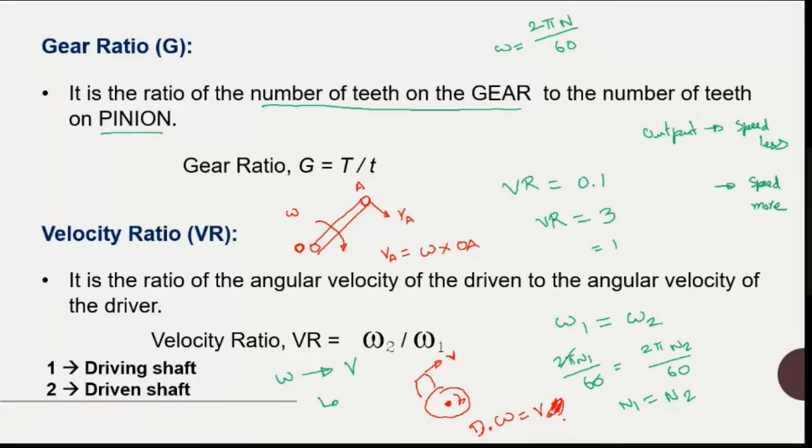So which means if we have omega 1, I can write it as V1 by D1. Or if I want V1, V1 is omega 1 into D1.